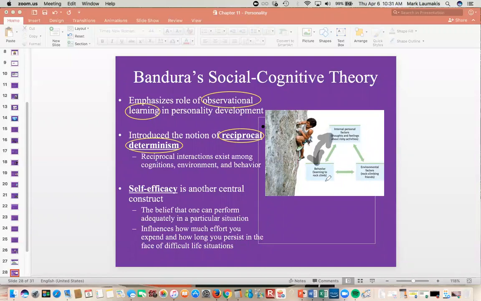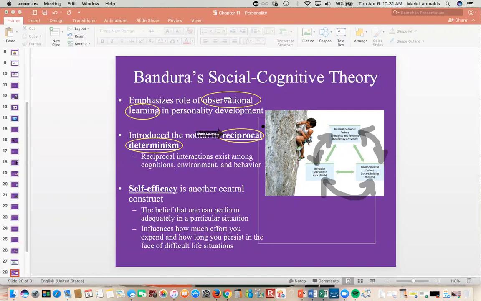We're talking about rock climbing, right? Behavior and environmental factors. They have a feedback connection between them, right? Those environmental factors and your thoughts and feelings about risky behaviors like rock climbing, for example. Okay. Reciprocal determinism basically boils down to thinking about 2-headed arrows. That's the way I'd really try to simplify this.